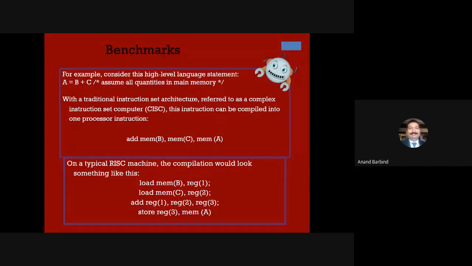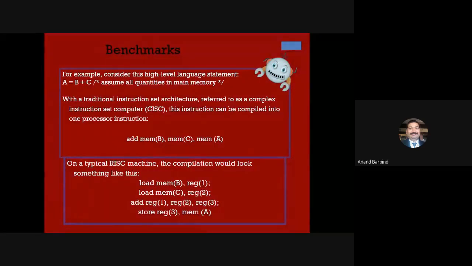Okay, so whenever the performance of a computer is to be evaluated, it is evaluated with certain standards. Because if you are claiming that my computer executes 1,000 instructions per second or more than that, then which instructions those are also matters.